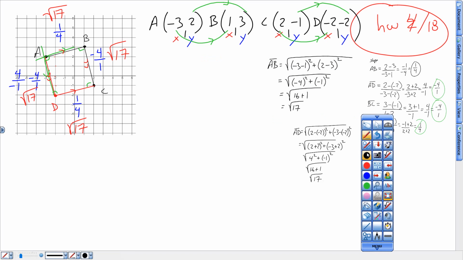All right, let's do DC. How about that? Or CD. How about that? CD. Keep it alphabetical. So CD, let's go negative 1. Let's do the y's first. Negative 1 minus 2 plus 2 minus 2.